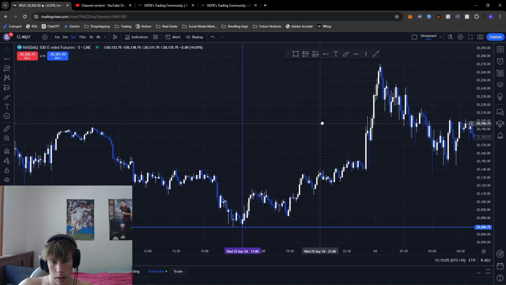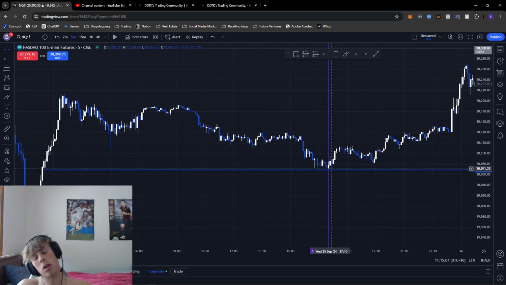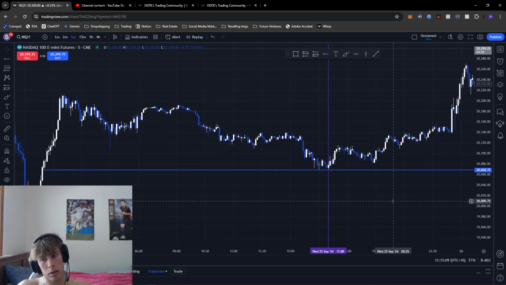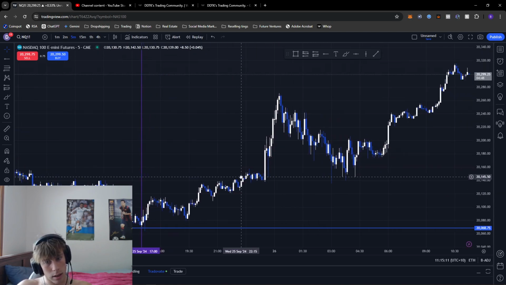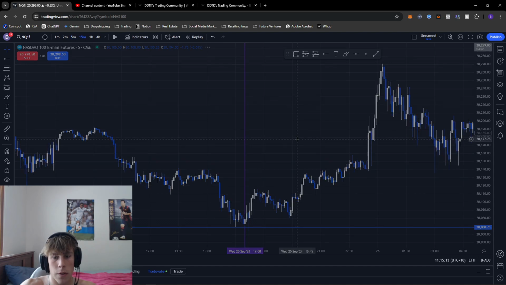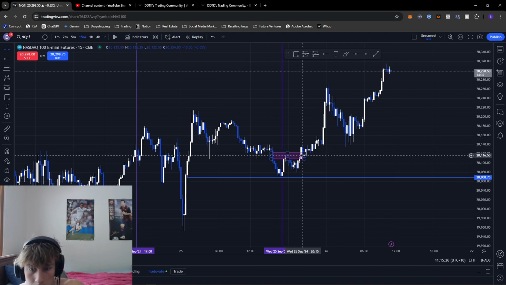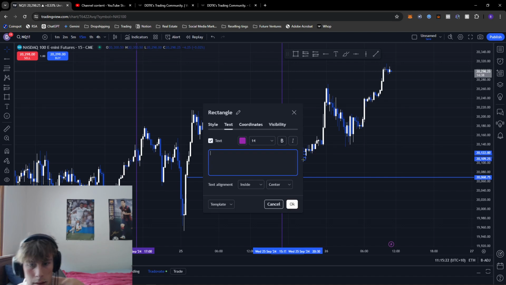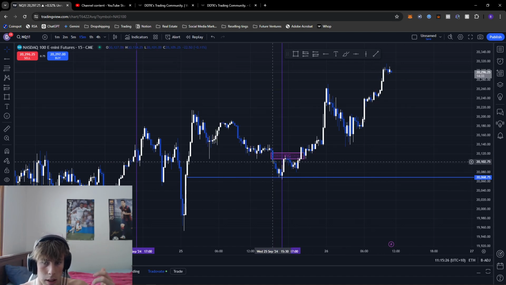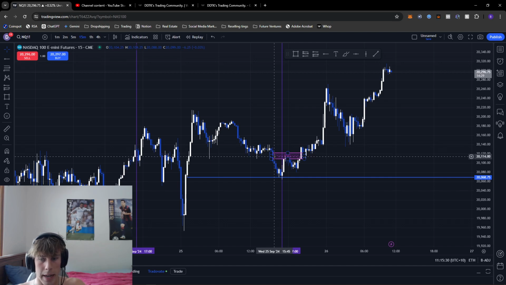So that's happened, and it swept here, and I'm like, oh, it's just faking out, it'll come bearish soon. But it doesn't really. It keeps going bullish, and that's fine, because straight away we have this bearish fair value gap here. It's bearish because the imbalance was made on the downward move.